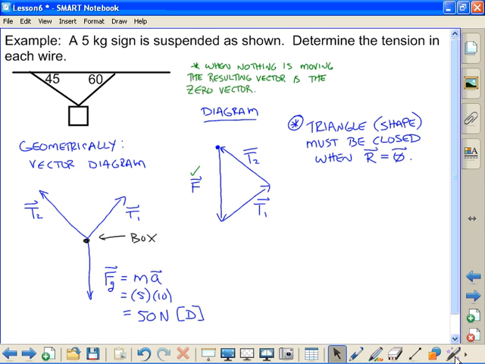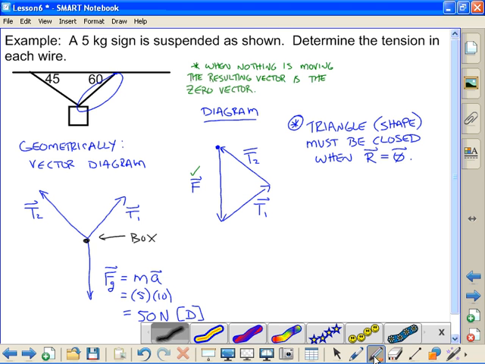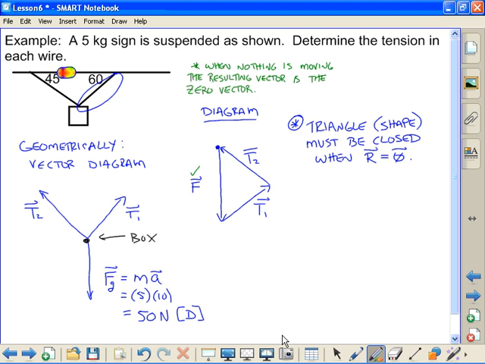Now let's see if we can figure out some angles here. So looking at the original diagram, tension 1, this one right here, we know from good old grade 9 geometry that if I draw, that's not going to be very nice there because it covers everything up, but we get what we call the Z pattern.